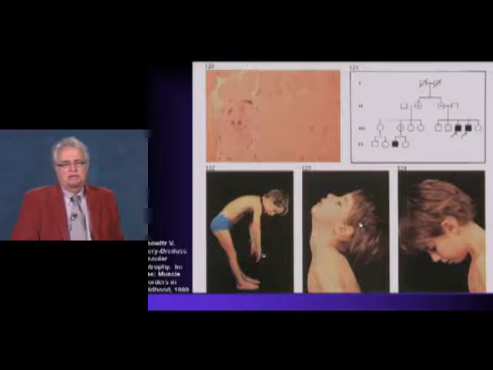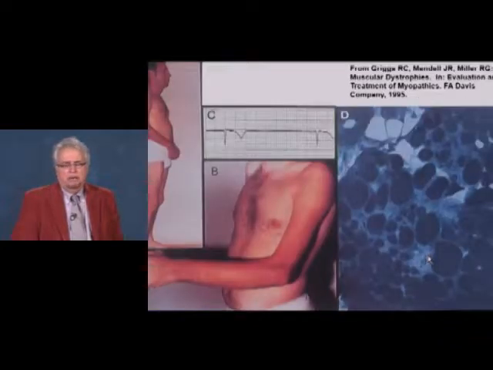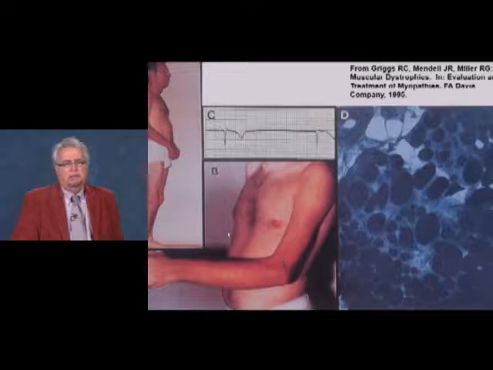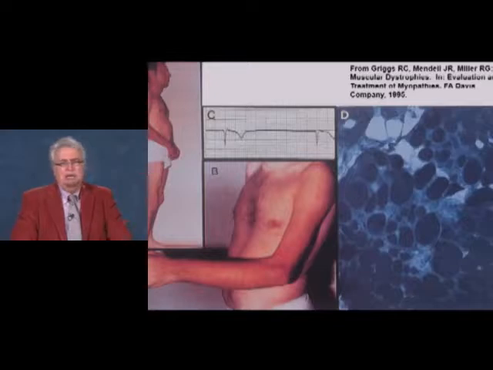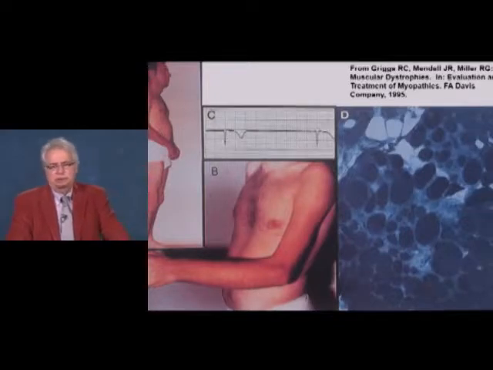They can extend the neck, but they have difficulty bending the neck forward. And as they get older, they develop these typical elbow contractures with atrophy of the biceps and triceps. And if you do an EKG, you may find they have different arrhythmias, but classically develop AV block, which can be lethal if a pacemaker is not inserted.